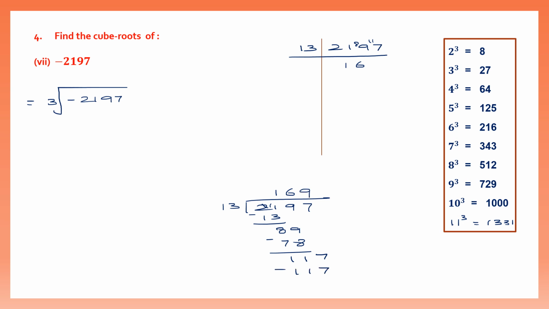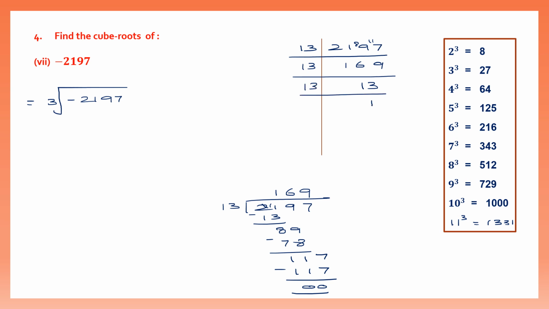Now we've got 169, which you can write here. Now this is again divisible by 13. This is easy. 13 into 13, we've learned 13 square is 169.